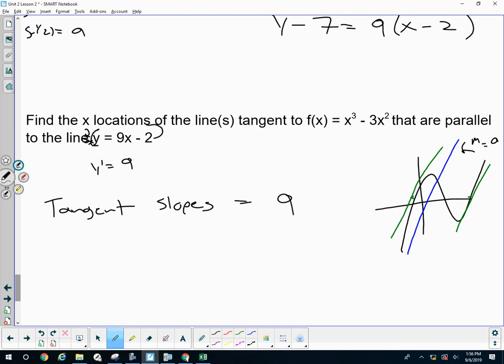Right? Find your tangent slope generator. Okay, easily done now that we have the power rule. I'm trying to figure out when my tangent slope generator generates a slope of 9.